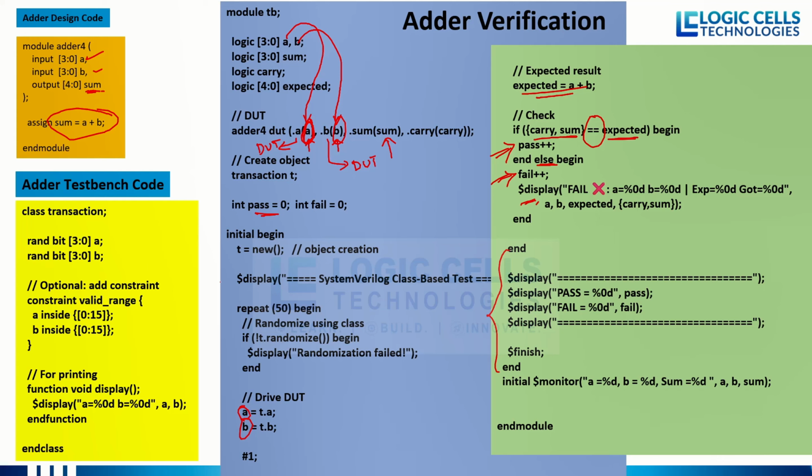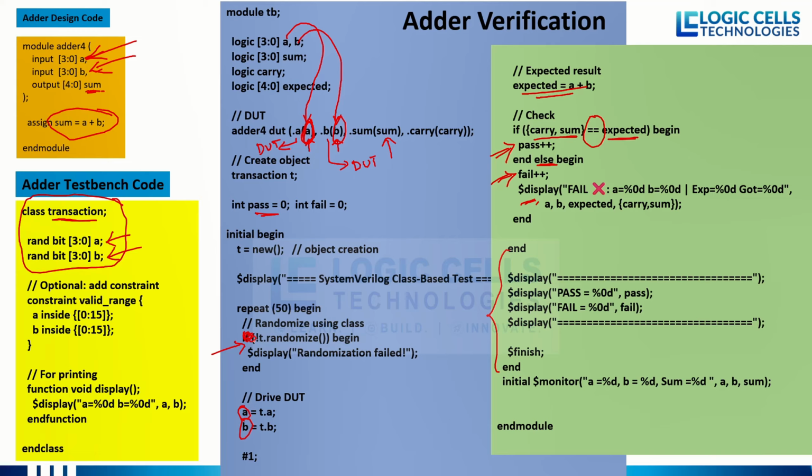But through this example, we understood this class can have the data members which are required to be randomized, which are the input signals to be randomized, input A, input B to be randomized. So we have used those two in a class called transaction. Then we have used randomize.